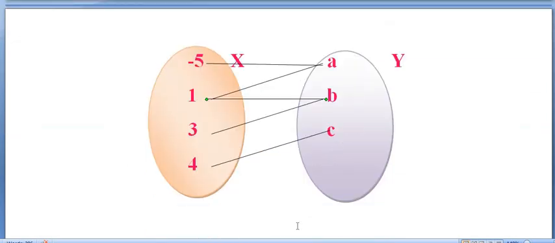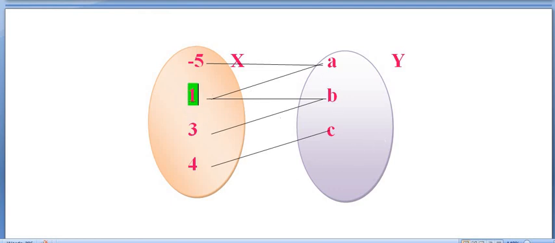So you see this picture, all the elements have the image. What are the elements in X? For example, minus 5, 1, 3, 4, they all have the image. But see this one. What is this? This one has 2 images.